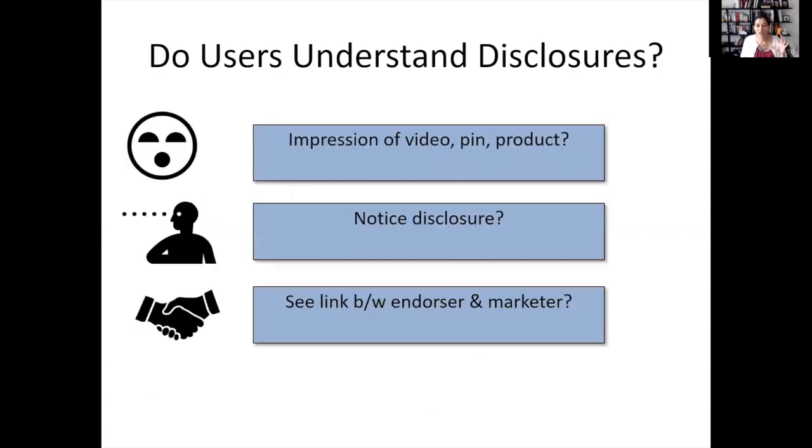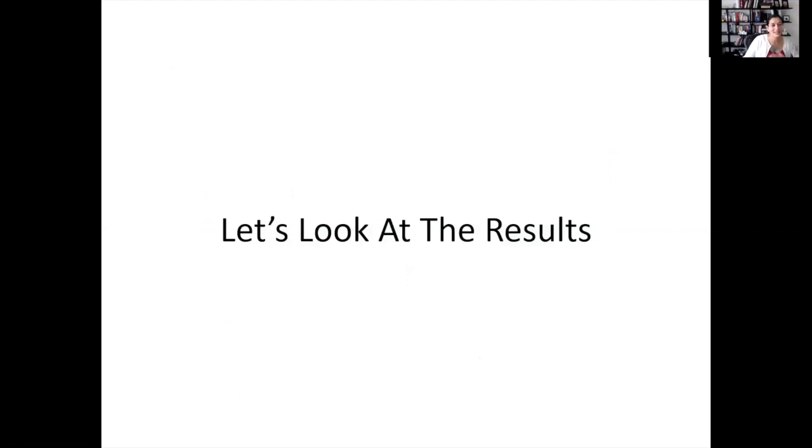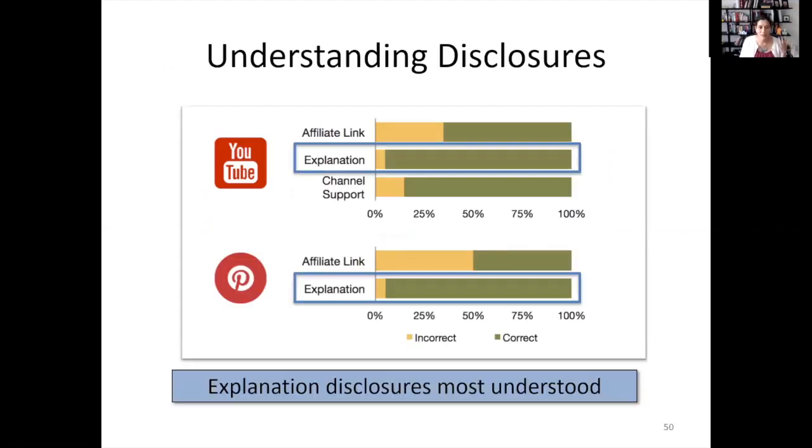And we asked a bunch of questions. I won't go through that. Let's see what they said. So basically, the results of this experiment were that mostly, unless you're actually spelling it out and saying, I make money when you click this link in an explanation style, people do not really understand it, right? So the most understood disclosure is explanation, but that's also the least commonly used one by influencers on YouTube and Pinterest.